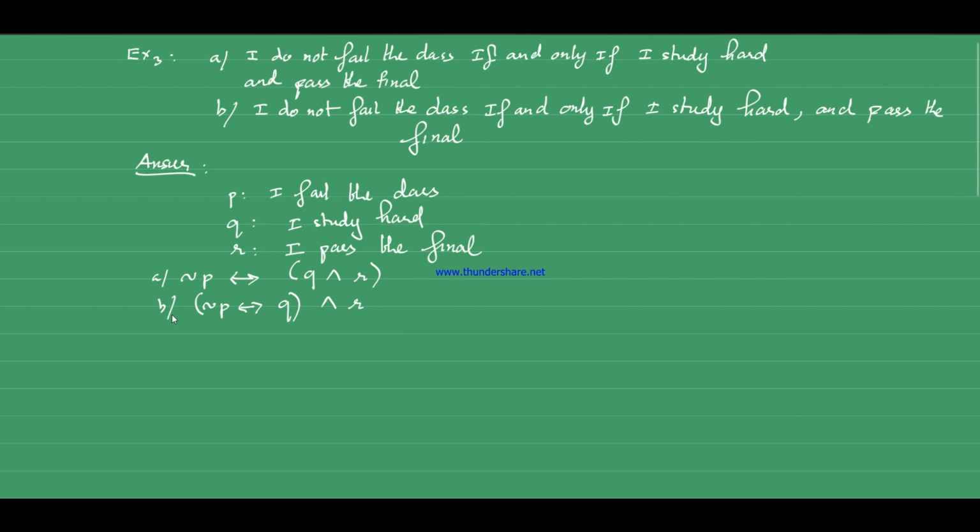So in this example right here, I still put parentheses. Now, what if they don't give us parentheses? Then how do they give us a symbolic statement? How do I know which compound statement I should write first, or which simple statements combine with each other?